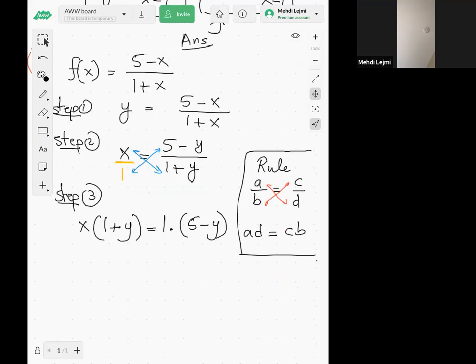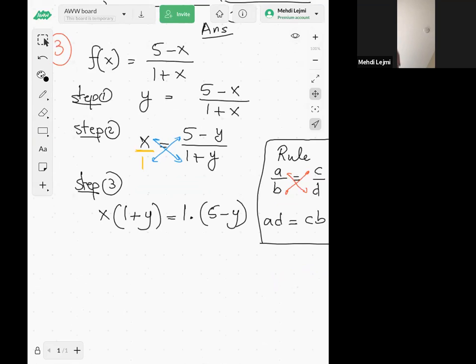Now let me just distribute. This is x times 1, so that will be x plus x times y. That's the left side. The right side is 1 times 5, which is 5, and 1 times y, of course, is minus y. Now, how do we solve for y?